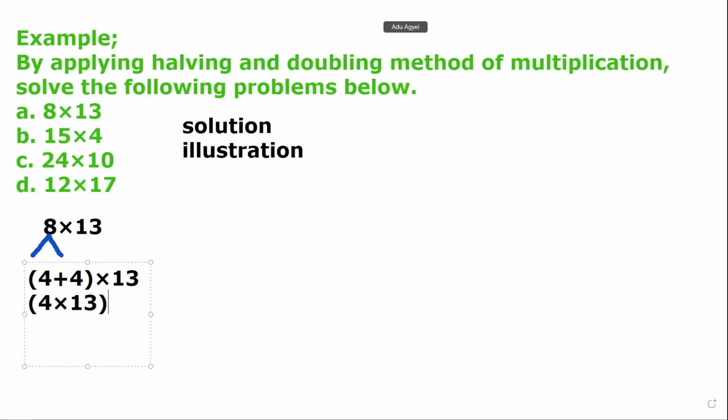Then plus the other half will still be 4 times 13.